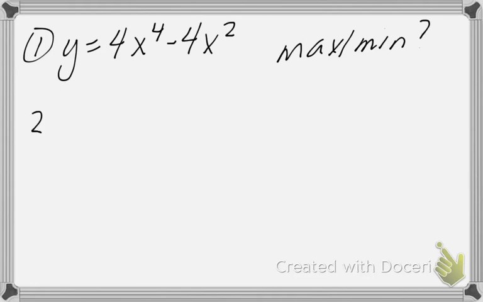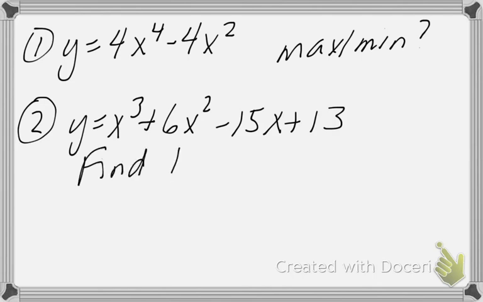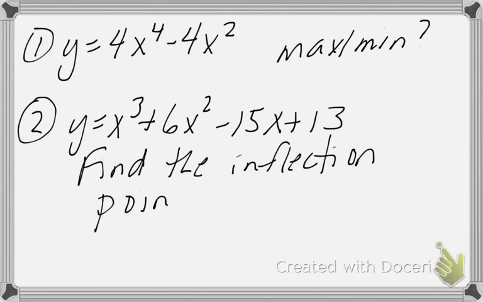And question number 2 is, if the function is y equals x cubed plus 6x squared minus 15x plus 13, find the inflection points. That means the x and y. And that's also multiple choice, so make sure that you look at the sheet again.